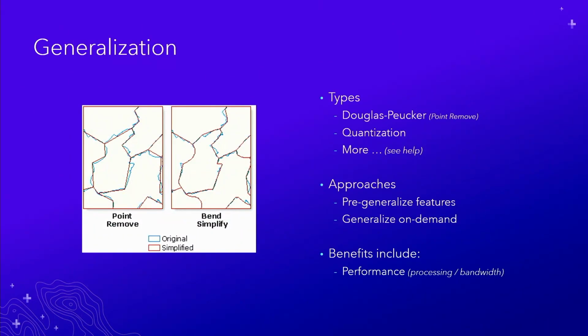And then finally, I wanted to talk about generalization. This is the idea that you may have very detailed data sets. The example here is a set of polygons where, depending on what it is you're trying to do, you may not need to use all of that detail every single time.